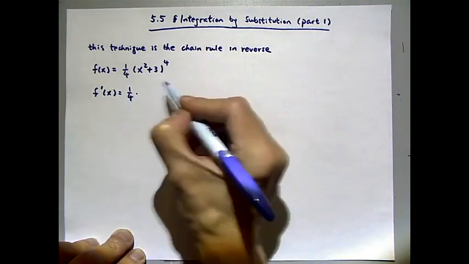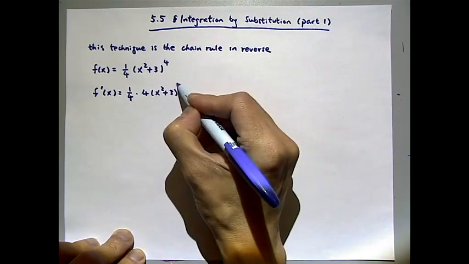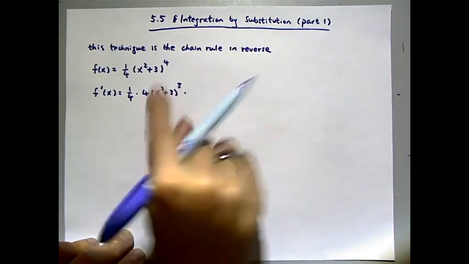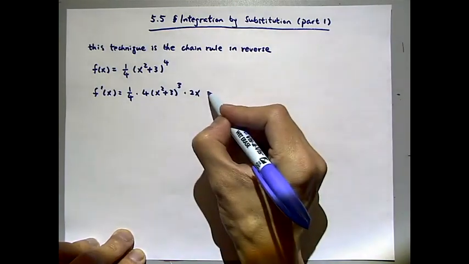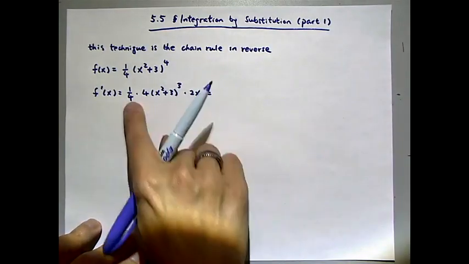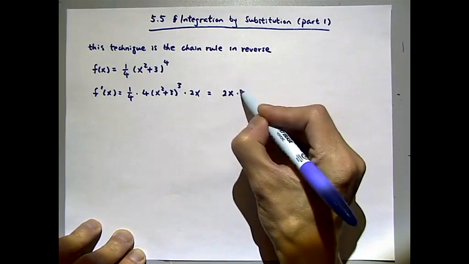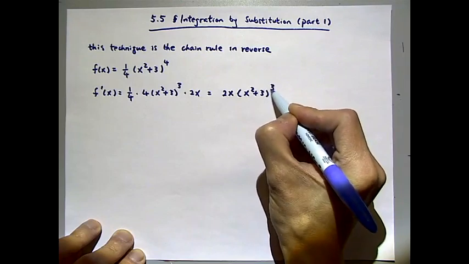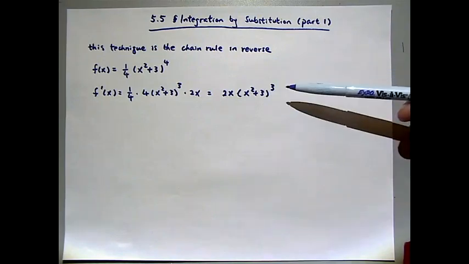So it's 1/4 times 4, (x squared plus 3), reduce the power by 1, and then multiply by the derivative of that, 2x. And so at the end, if you clean this up a little bit, we get 2x times (x squared plus 3) to the power of 3. So we had to use the chain rule to get to this part.